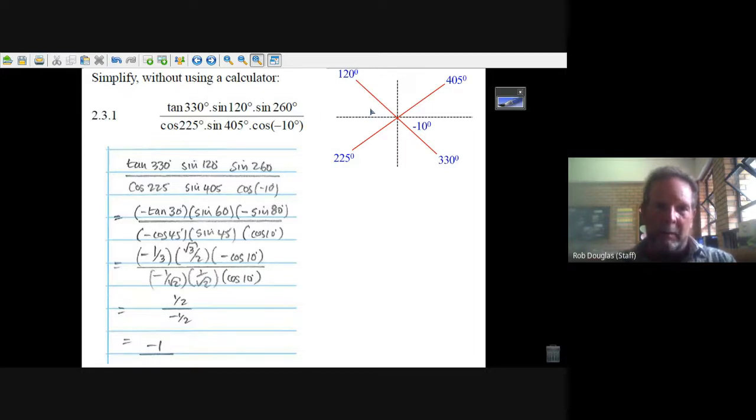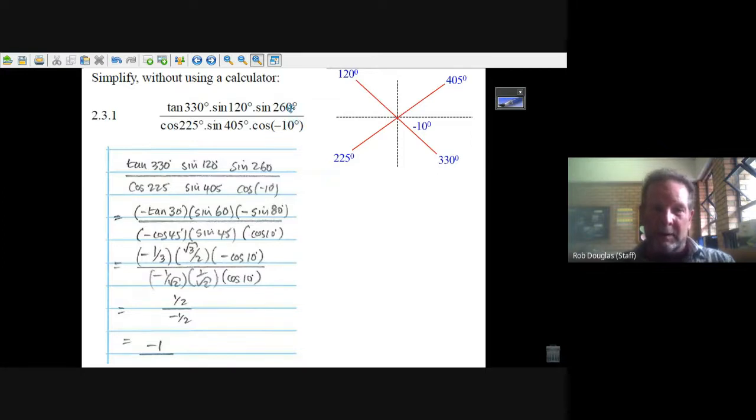My only problem is, is sine positive or negative up here in the second quadrant? As you have to know, sine is positive in the first and the second quadrant. So this sine 120 just turns into the sine of 60.